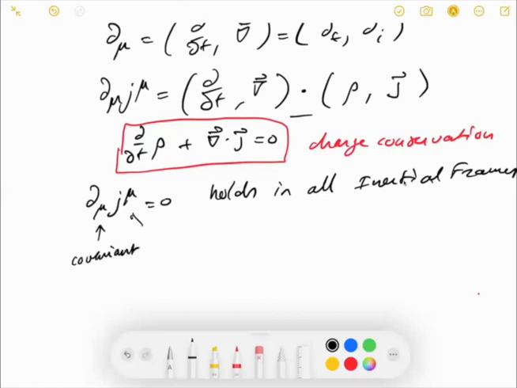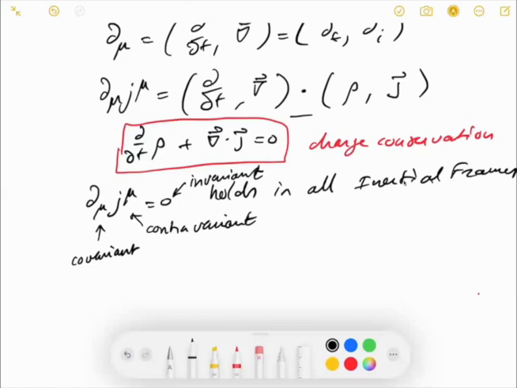And this is contravariant, which means that when you contract a covariant and a contravariant term, the result is going to be invariant. So that 0 is going to be invariant, which means that if this expression is invariant, this is another way of saying that charge is conserved in all inertial frames.